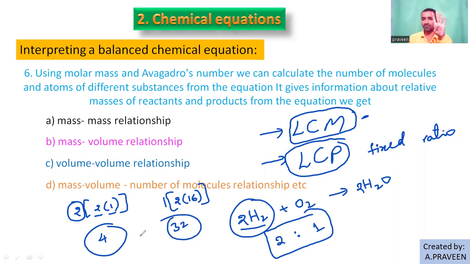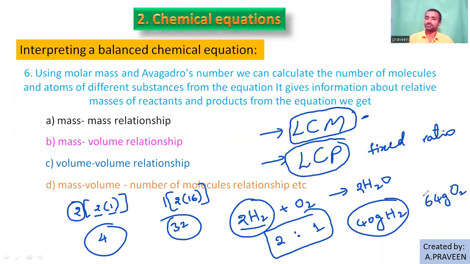So 4 grams of hydrogen participate with 32 grams of oxygen. Sir, if I give you 40 grams of hydrogen and 64 grams of oxygen, can you complete the reaction? Yes, I can complete it.